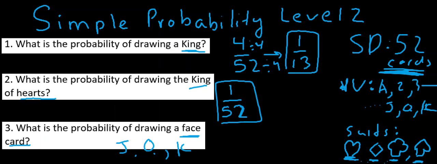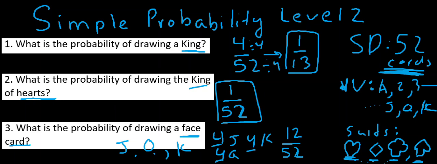We know there's 4 jacks, 4 queens, and 4 kings. Well, 4 plus 4 plus 4 would give us 12. And of course, that would be 12 out of 52.